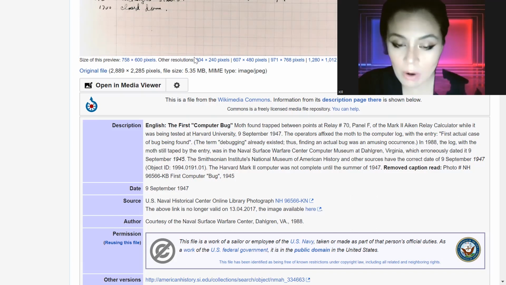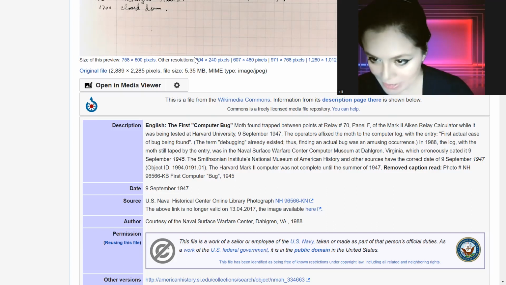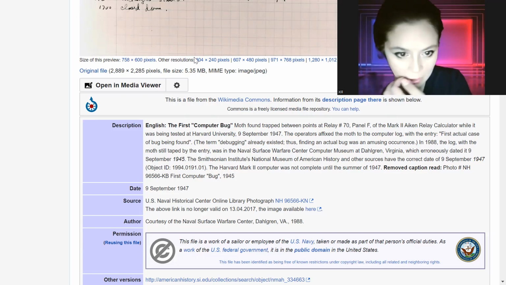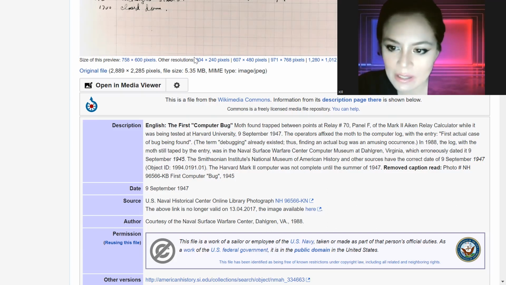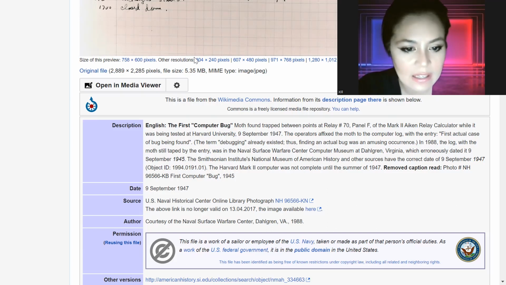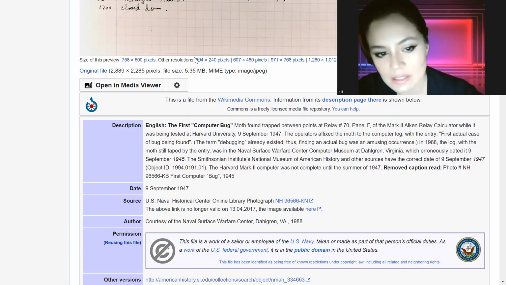The term debugging already existed, thus finding an actual bug was an amusing occurrence. Neat. In 1988, a log with the moth still taped by the entry was in the Naval Surface Warfare Center Computer Museum in Dahlgren, Virginia, which erroneously dated it 9th of September 1945. The Smithsonian Institute's National Museum of American History and other sources have the correct date.